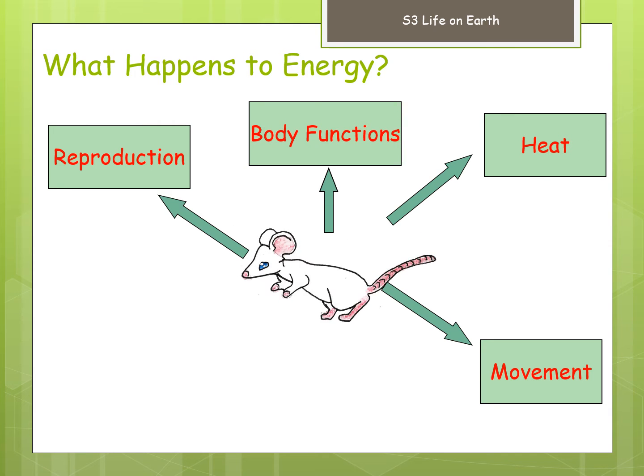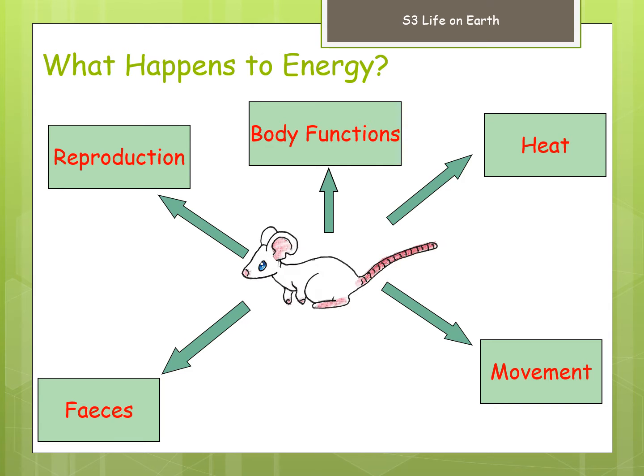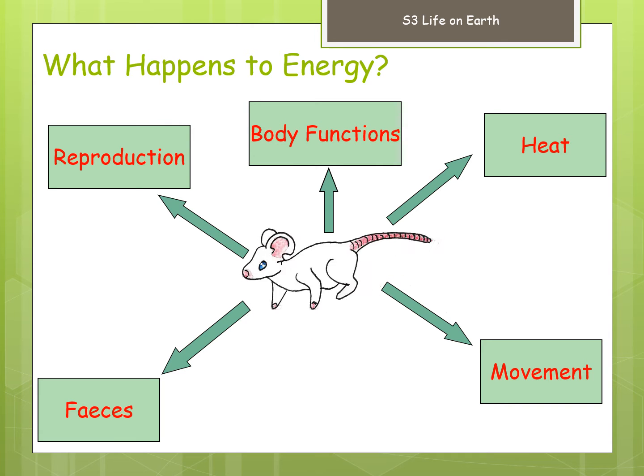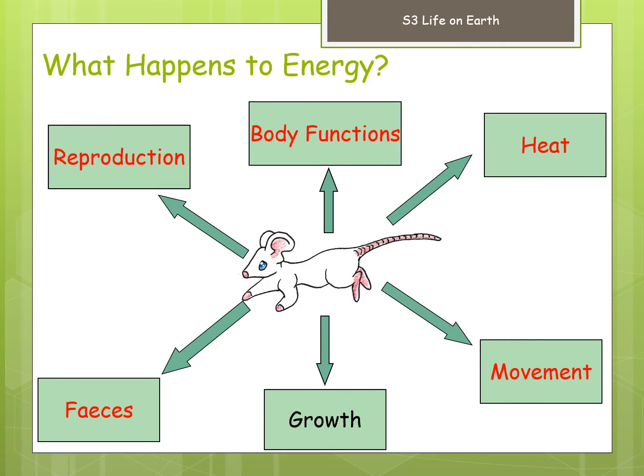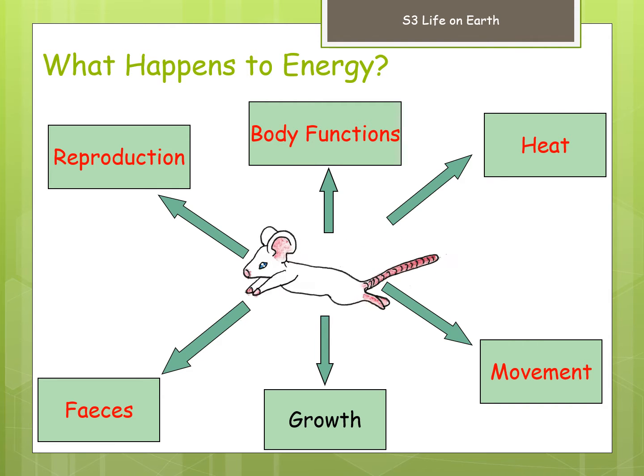Heating its body also requires energy, and if it doesn't digest every ounce of energy from its meal and passes it out in its poop, then again, that's not going to be passed on to an owl that eats it. However, growth, so if it gets bigger, if it bulks up, if it becomes more muscly, the energy used to create growth in that mouse can be passed on to the owl.